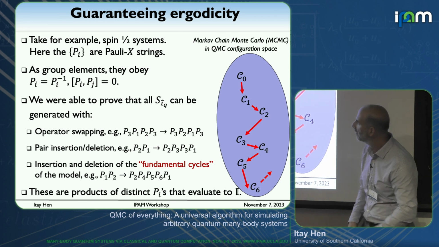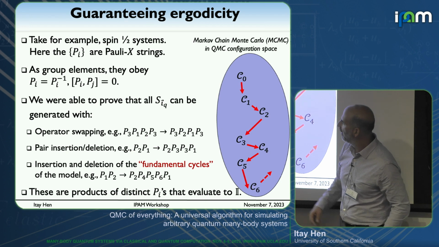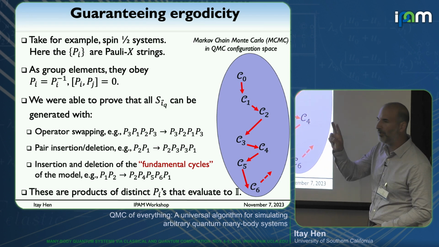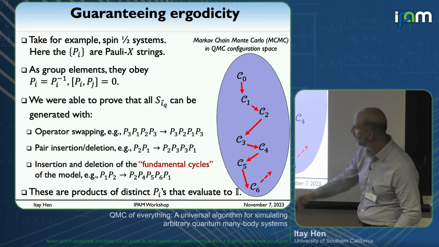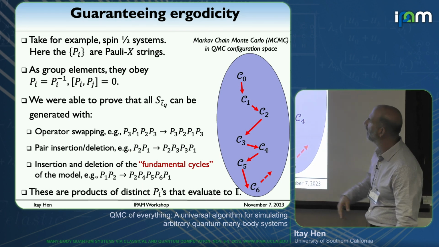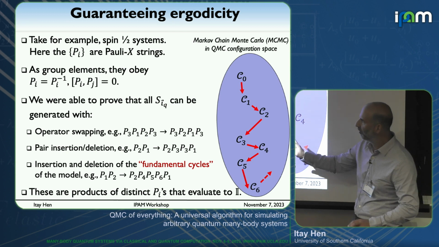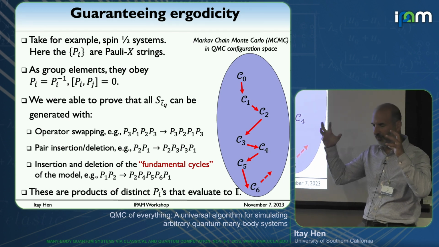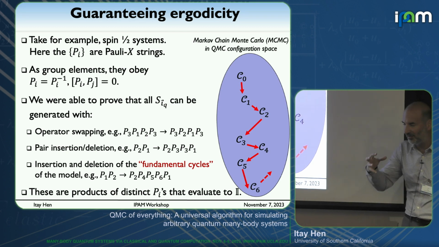That's one of the moves. The other move is you need to insert and delete pairs of P operators, because each one of them is its own inverse. And so it's important that whatever move you make, the identity of the entire sequence remains the identity.